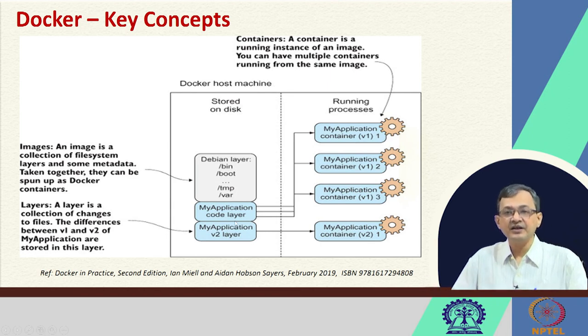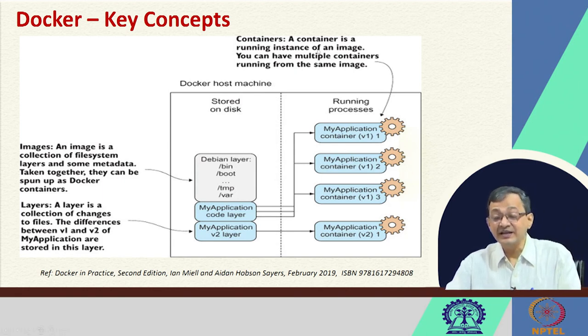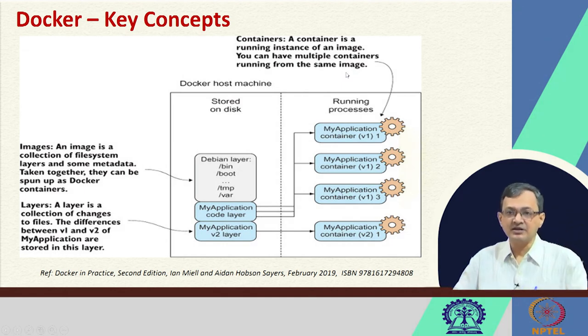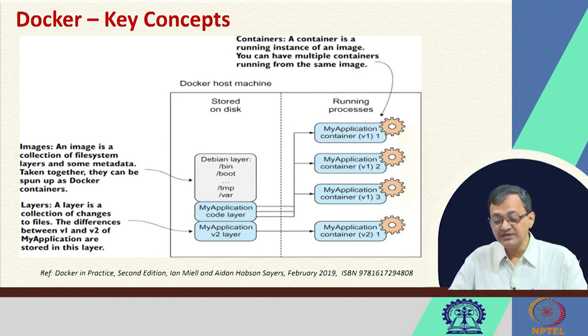So I can have my application version 1, my application version 2, and so on in those layers. This is stored on the disk. For running a process, I instantiate it. A container is a running instance of an image. You can have multiple containers running the same image, for example multiple containers of my application V1 and one or more of V2.